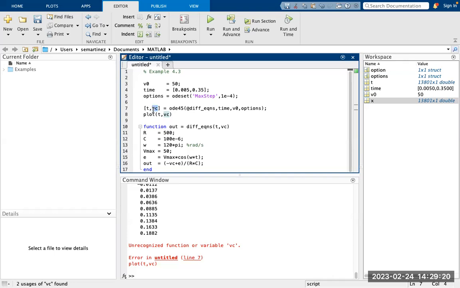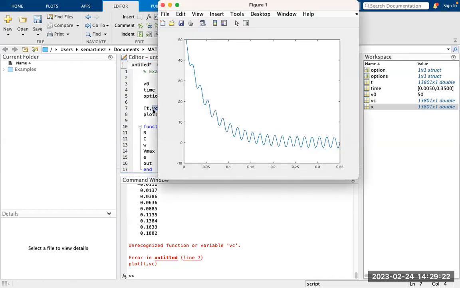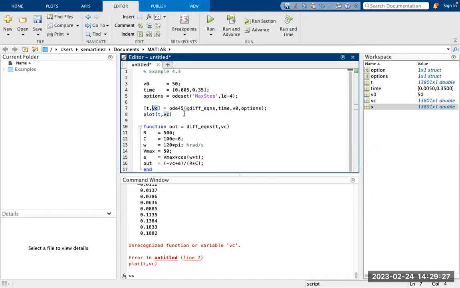So in this case, we have VC, so we can use VC and it's going to be the same. Even though you called them two different things, you just associated them together. Yeah, because if you put X here, you're defining the output from the ODE as X. That's the difference. But internally, you're using the variable as VC. That's a good question.